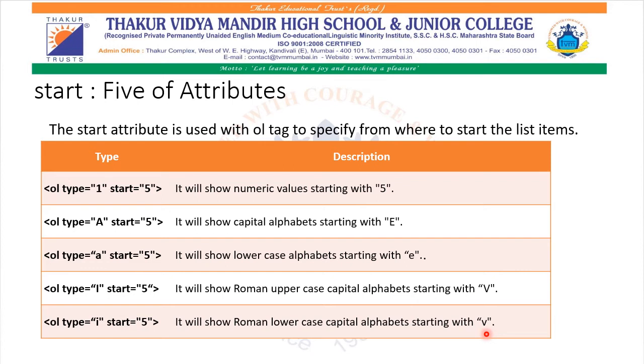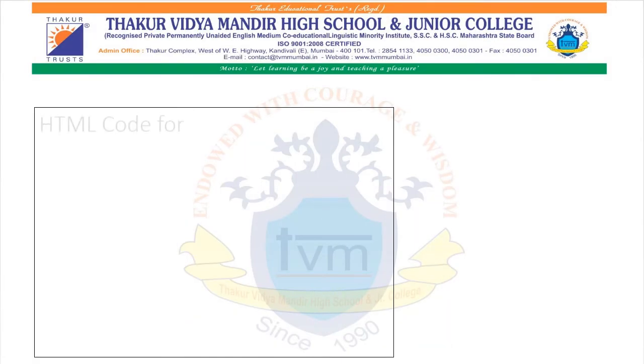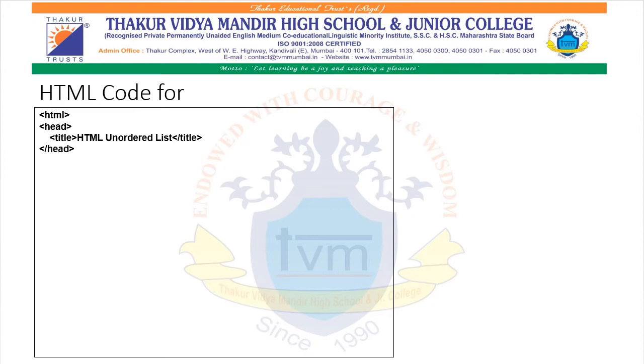You can see the basic HTML structure here, and inside the body tag you can see two OL tags, each with an open OL tag and a close OL tag.